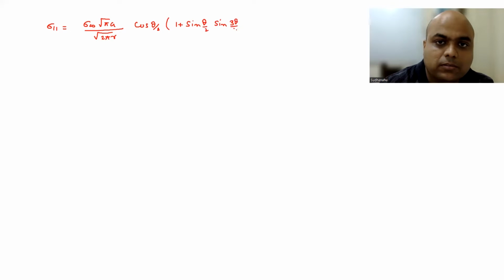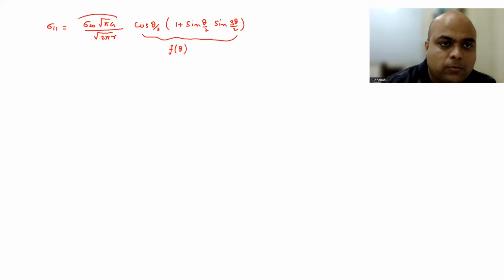During the derivation of the stress ahead of the crack tip, you remember sigma 11 was given as sigma infinity root pi a divided by root 2 pi r, then cos theta by 2, 1 plus sin theta by 2, sin 3 theta by 2. We had written this as f theta also.